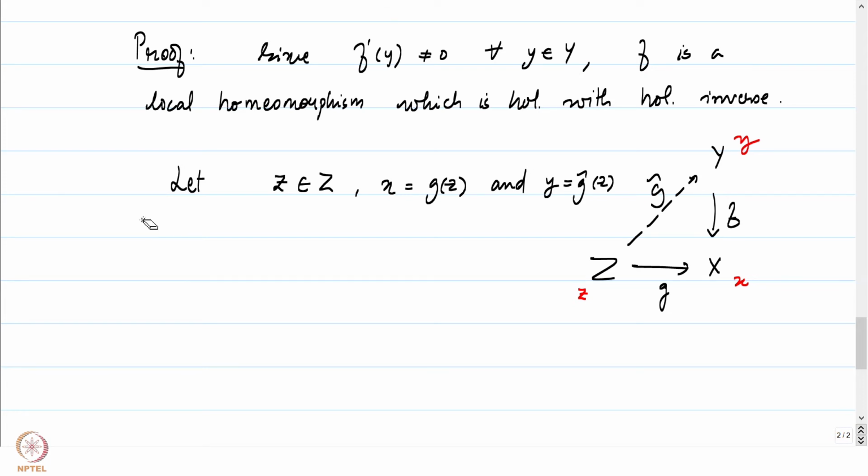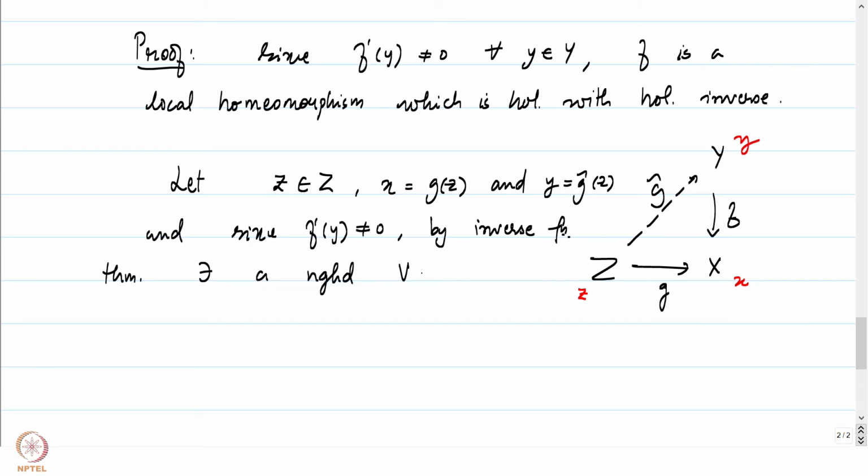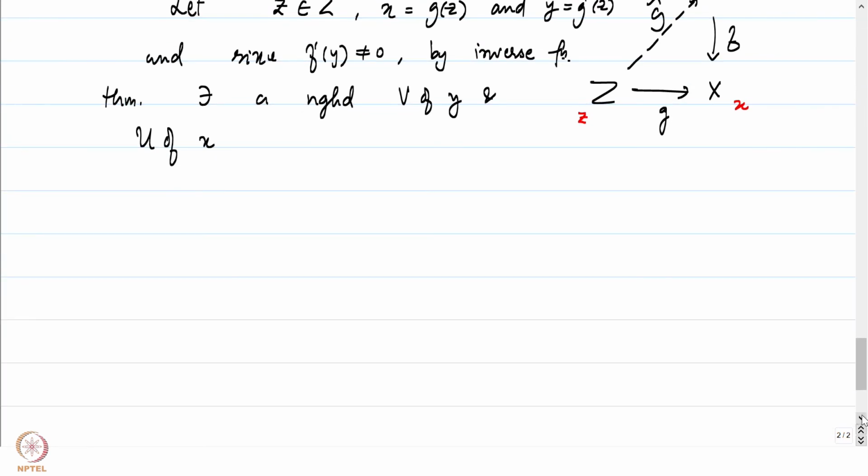Now, because f prime of y doesn't vanish, by the inverse function theorem, there exists a neighborhood, I'm going to call the neighborhood V of small y and U of small x, remember that x is f of y, such that f restricted to V from V to U is a biholomorphism, a holomorphic map onto U with holomorphic inverse.